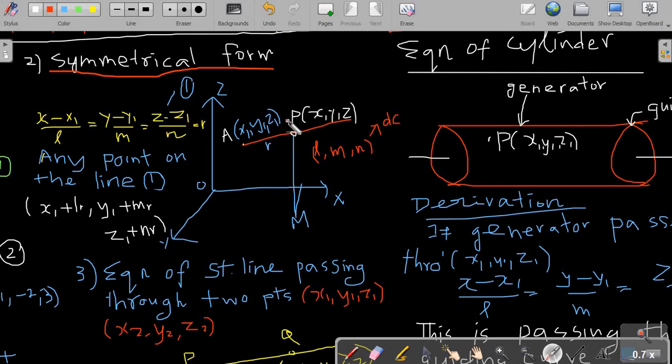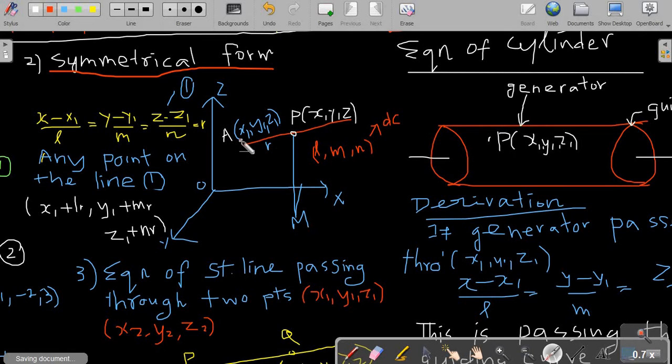That means any point on this straight line is x, y, z, while this particular point is x1, y1, z1.